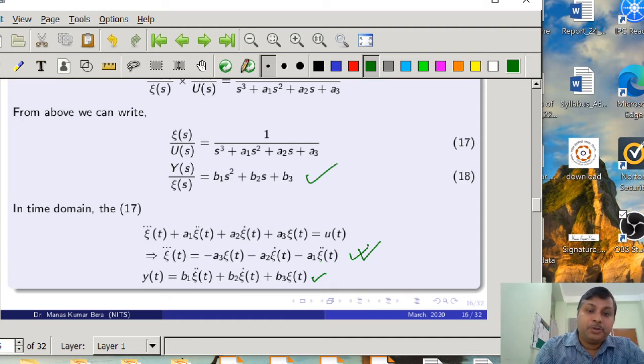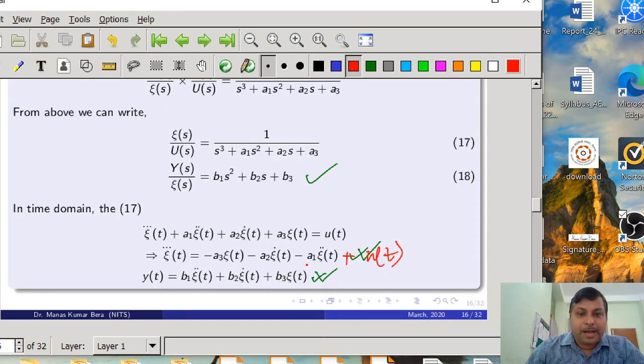Now we will use these two equations to represent the system in a block diagram, and from the block diagram it will be easy to define the state variables, because the hint is that the output of each integrator we will assume as a state variable. Let us try to implement this. We have to implement zeta triple dot, and here I have missed one term, that is plus u(t). That is the term I have missed.